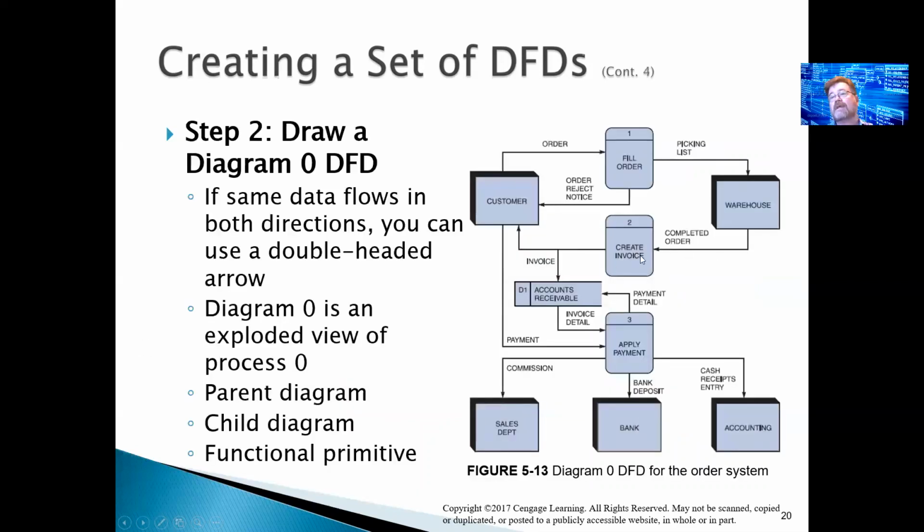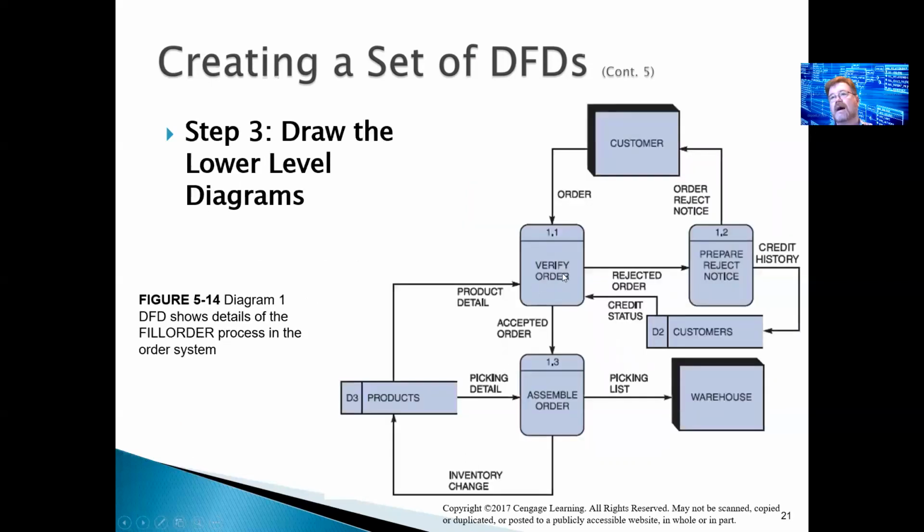I want to be careful with this because if this was create invoice and we exploded it, that would also be level 1. And then later, if you exploded this guy, verify order, into sub-processes, that would be called a level 2. I always like to think of it as how many decimals are after here. So if there are 2 decimals, it's going to be a level 2. If there are 3 decimals, it's going to be a level 3.